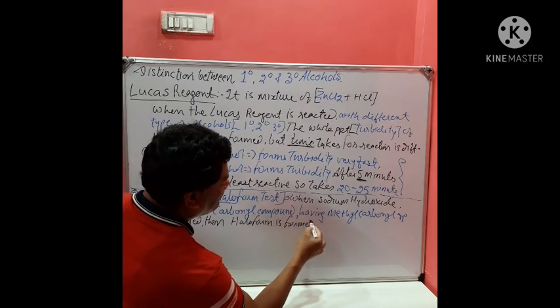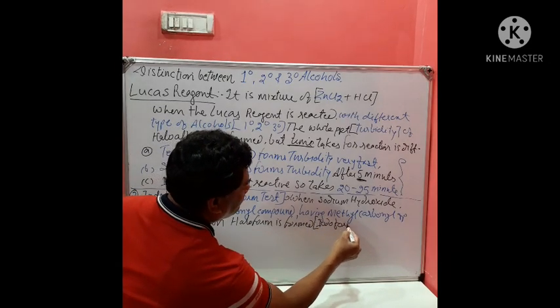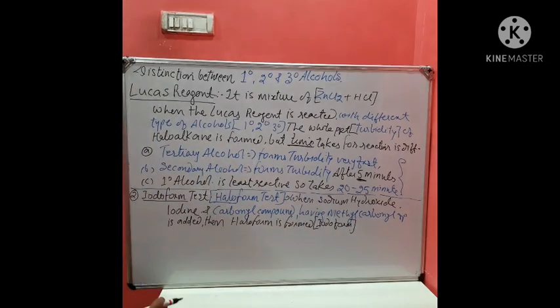This time I will call it iodoform. This is a yellow color precipitate. This is called iodoform.